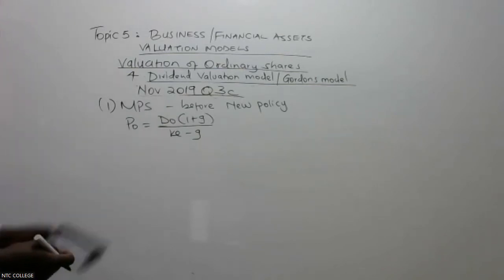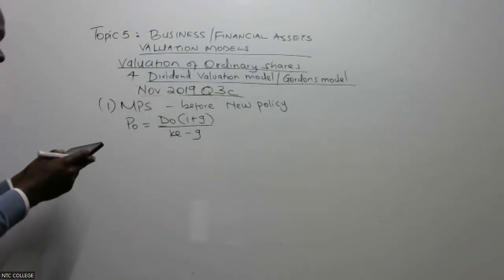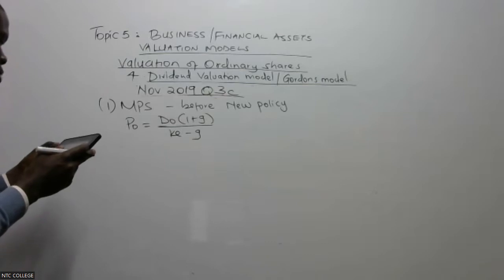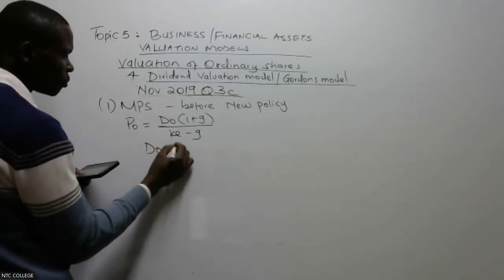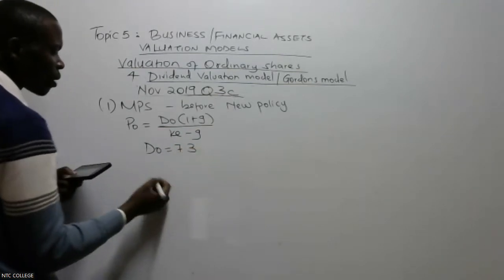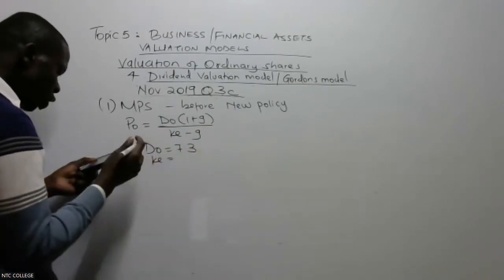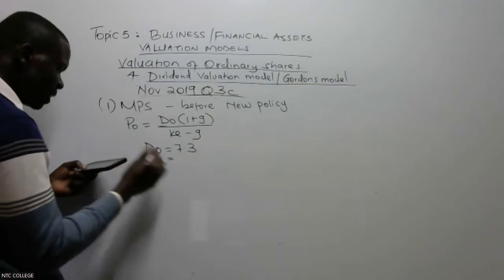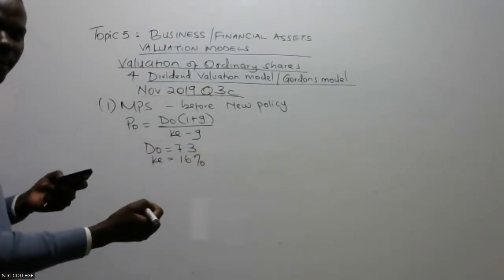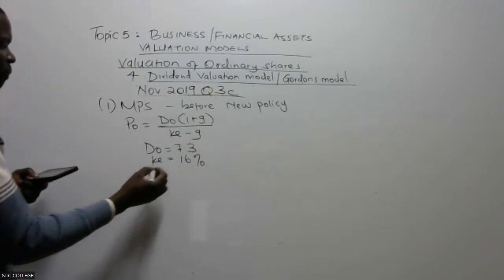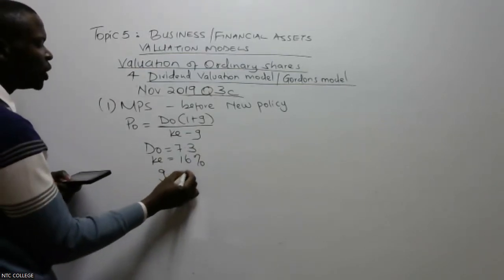So always embrace that. So our D0 here, we are told in 2018 is 7.3. Our Ke, we are told it's 16%. Then we have our g, which we don't have.